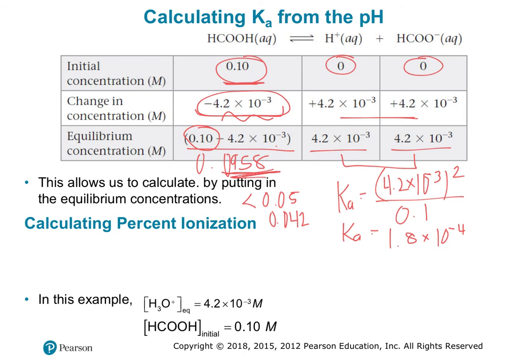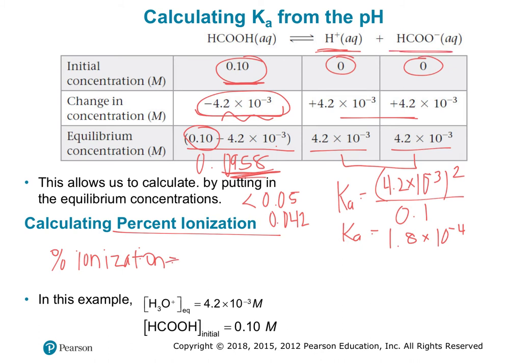The next thing that we're going to learn about is percent ionization. So percent ionization is just like it sounds. How much of the original acid formed into an ion. So we can find that by saying, if it's an ion, then it formed either hydrogen or formate, in this case, or a conjugate base.